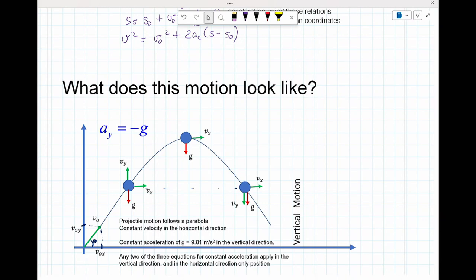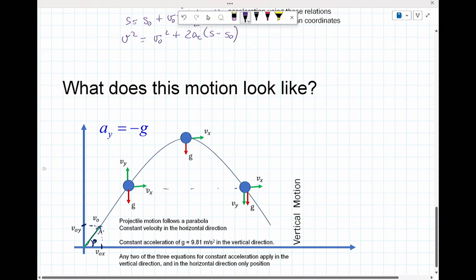This picture is the first step, and I'll come back to this later, in fact in the next lecture. I have a particle. I give it an initial velocity v naught. It's going to have a v naught y and a v naught x. So v naught x never changes in my problems.